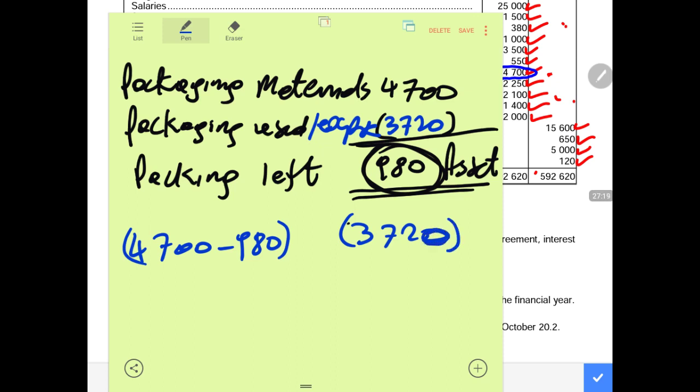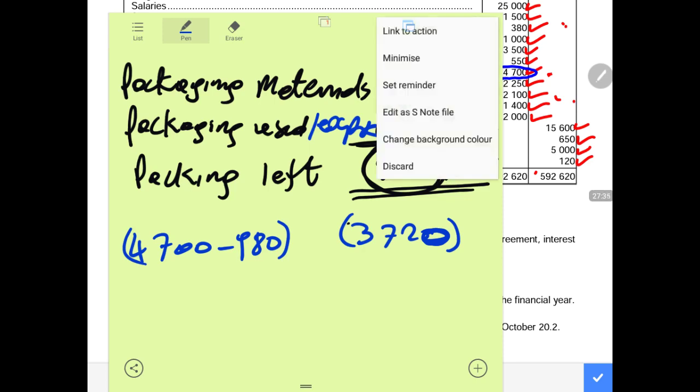This is the amount that will be recorded under packaging material used. And I prefer the term used, because the used packaging material is an expense.